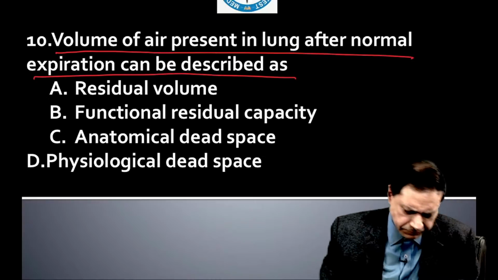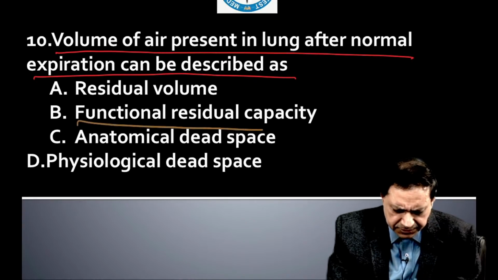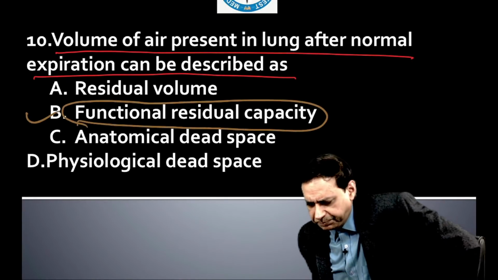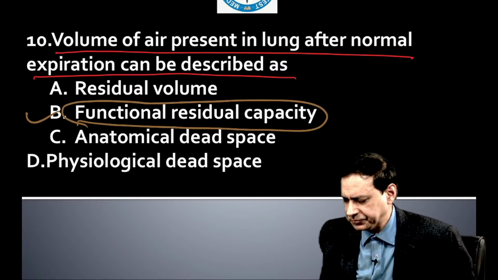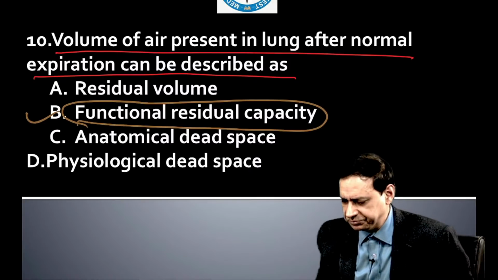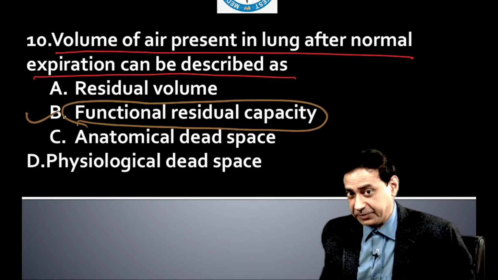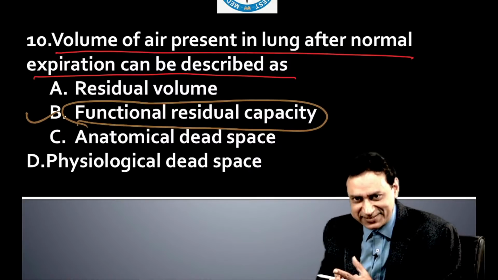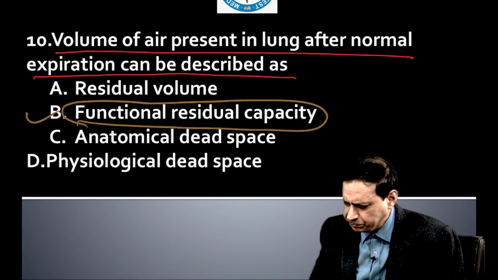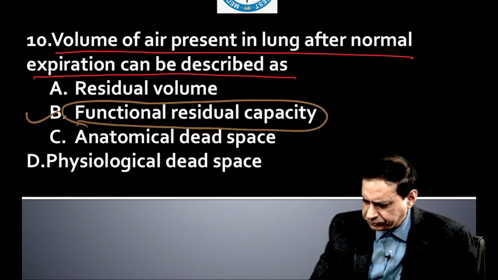FRC. So the answer is this. Simple. FRC. Don't call it FRV. Volume is an individual volume. FRC. Capacity is a permutation and combination. Residual capacity for functional purposes. Is that okay?